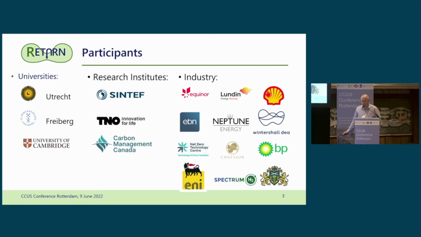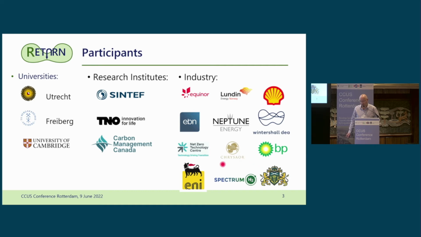From Norway, we have, again, two usual suspects with Equinor and Lundin. From the Netherlands, we have quite a few. We have Shell, EBN, Neptune, no more. And then from Germany, Wintershall. From the UK, the Net Zero Technology Centre, not really industry, but they were called the Oil and Gas Technology Centre, now switching towards net zero.